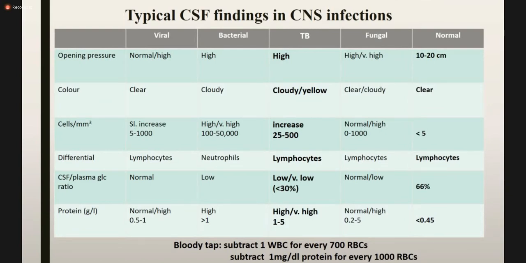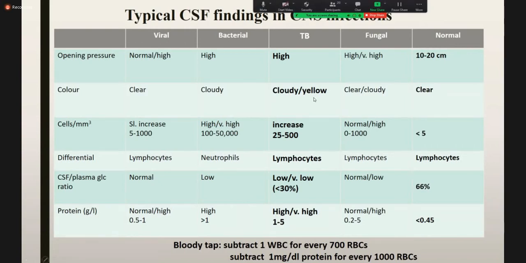CSF to plasma glucose ratio is very low, less than 30%, which is normally 66%. And the protein content is high or very high, about 1 to 5 grams per liter. And this is the typical picture of CNS tuberculosis.